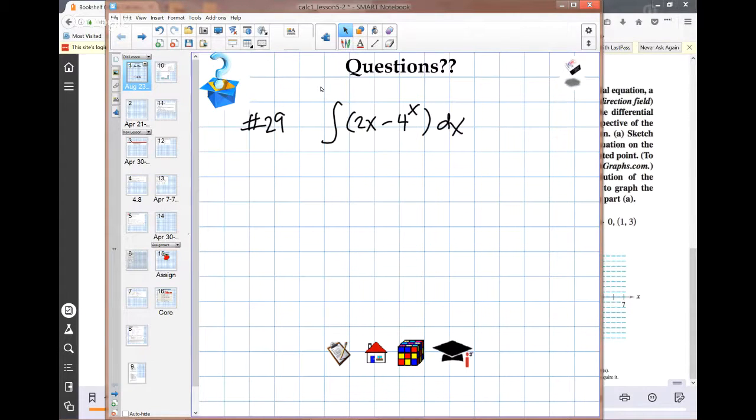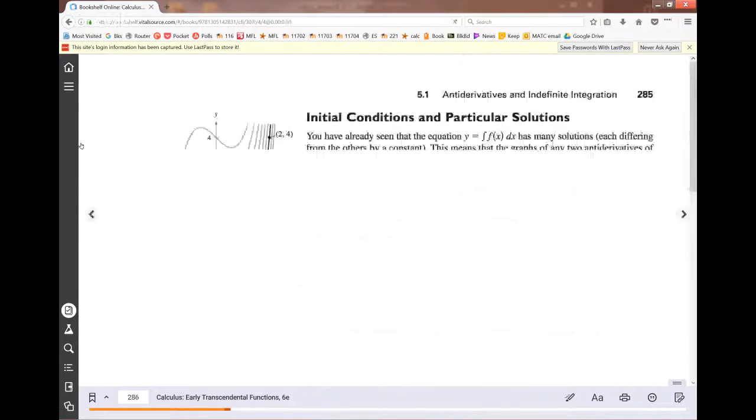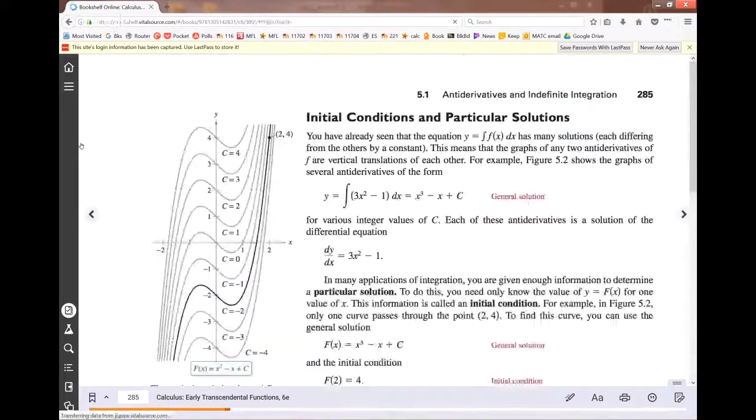So, the question, maybe what we ought to do is go back here. Yeah, there's a page of derivatives in our lesson.